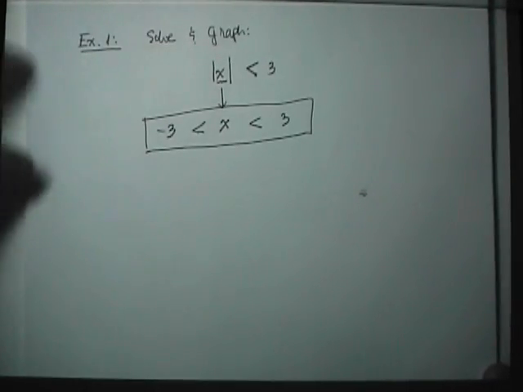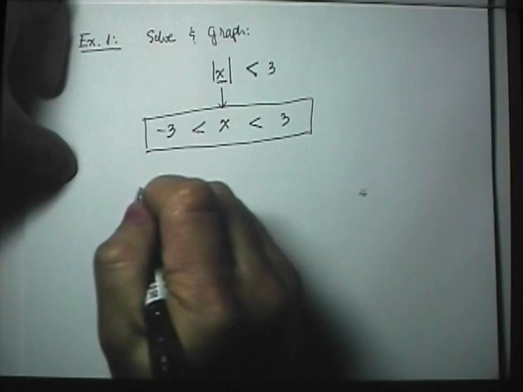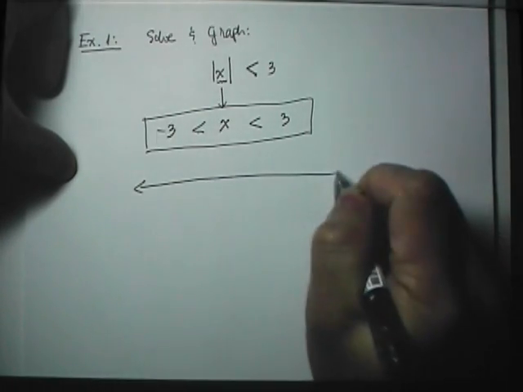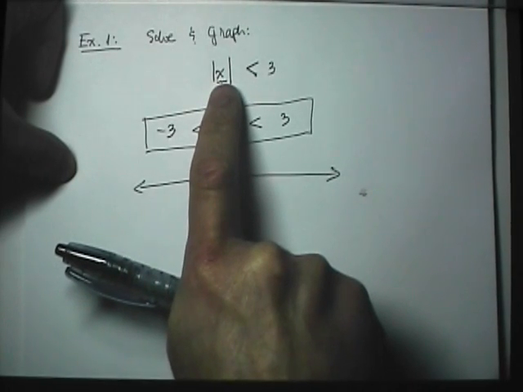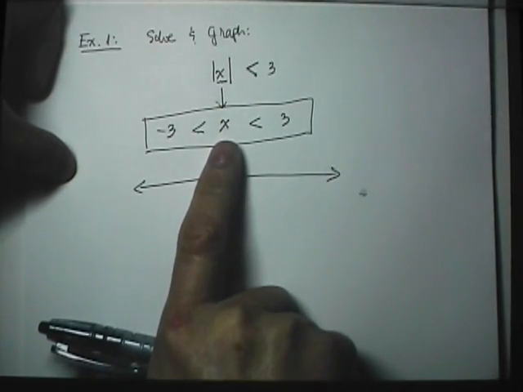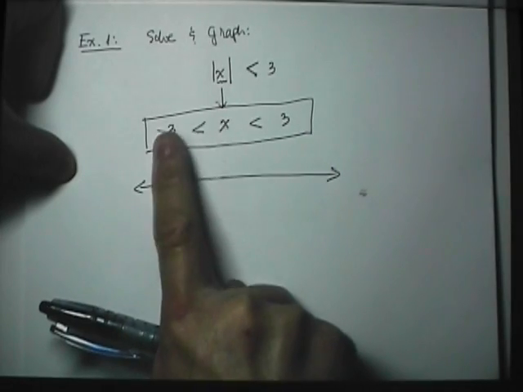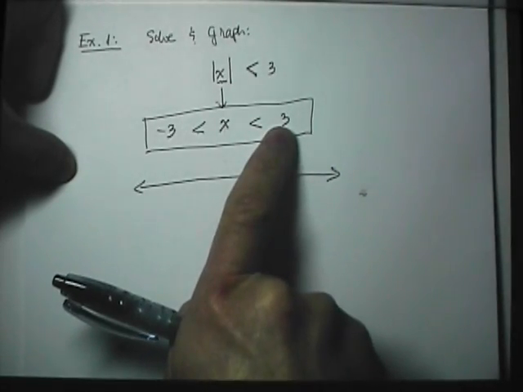Now, when it comes to graphing these, once again, draw for yourself a line. By the way, I hope you notice, when you solve your inequality here, you end up with a compound inequality with three sides, a lot of times.